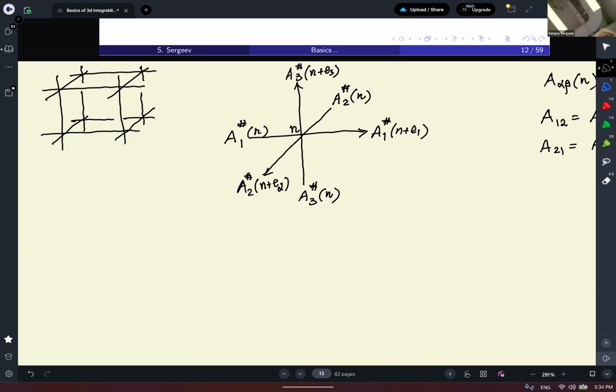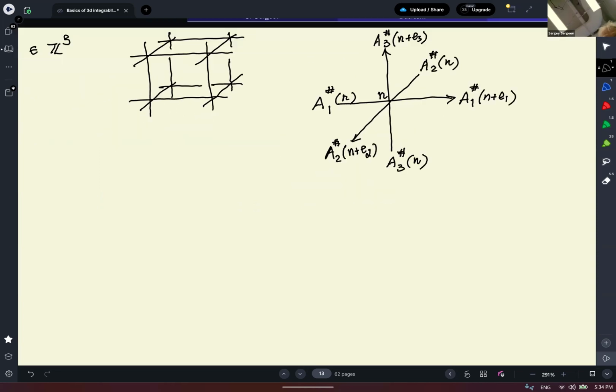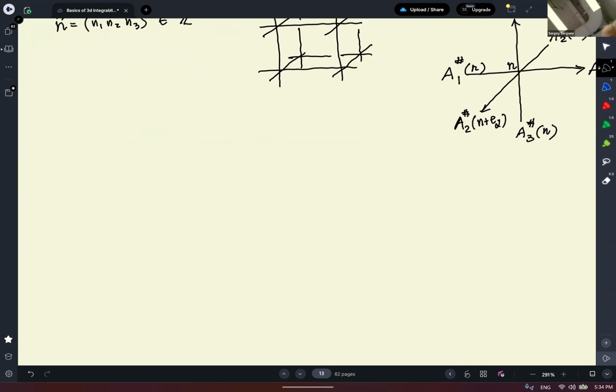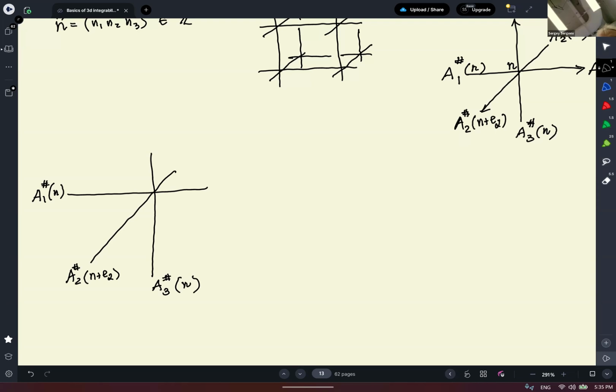Next, we mentioned the auxiliary linear problem. What does it mean in this particular case, for this particular picture? So let me repeat the three-dimensional vertex. Here we have A1 of n. Here we have A2 but shifted, n plus E2. And in the bottom we have A3 of n.